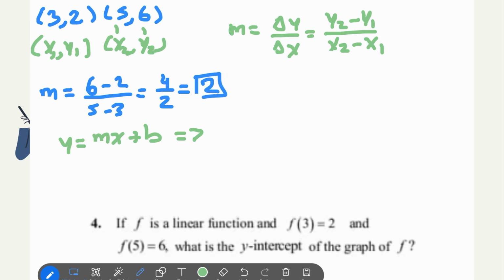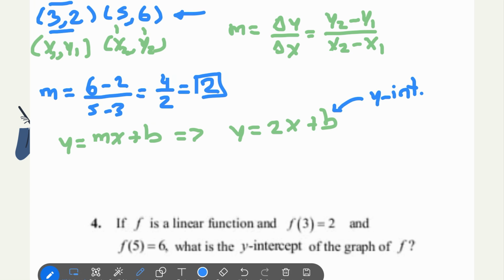So our equation comes to be y equals 2 times x plus b. In order for us to get the value of b, that is the y-intercept, we can plug in one of the 2 points we know. Remember that we have 2 points at the beginning of the exercise. Let's just try with 3, 2, this point.